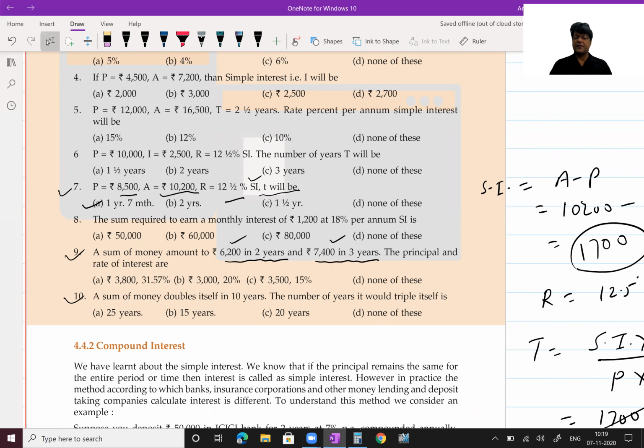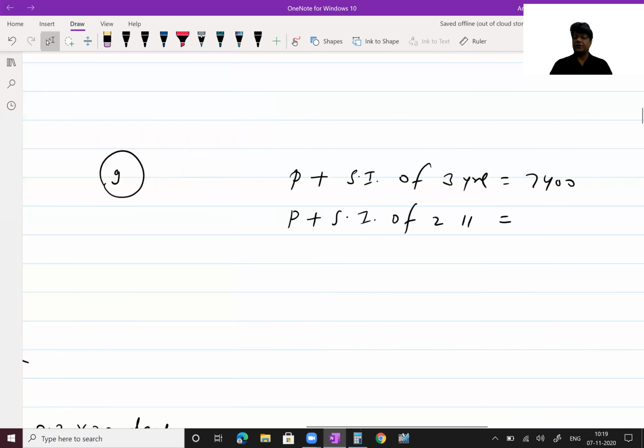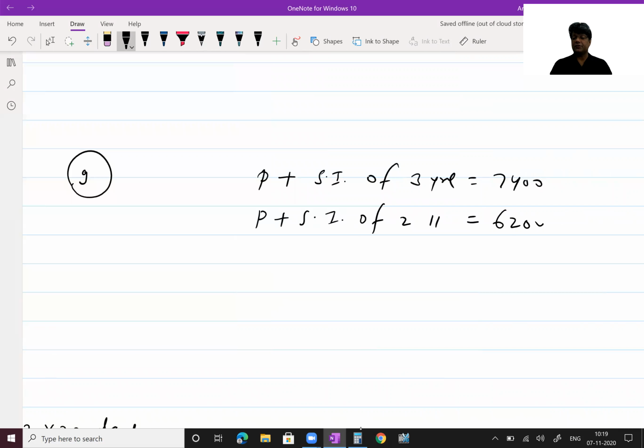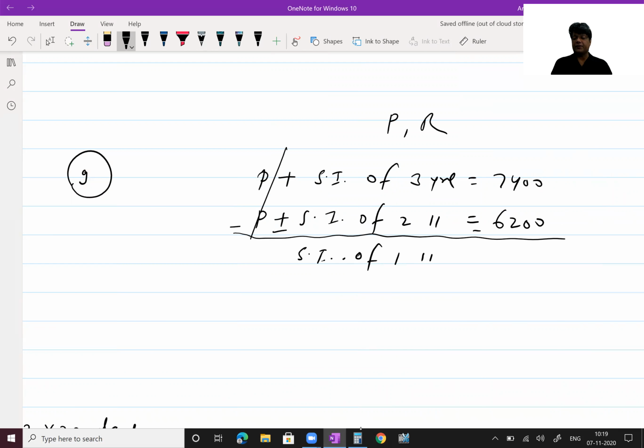The question asks for the principal and rate of interest. We will solve this like a simultaneous equation. So the principals cancel. Simple interest of 3 years minus simple interest of 2 years is simple interest of 1 year, and that is equal to 1200. So simple interest of 2 years is equal to 2400.